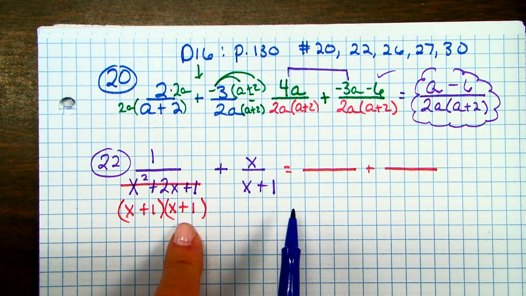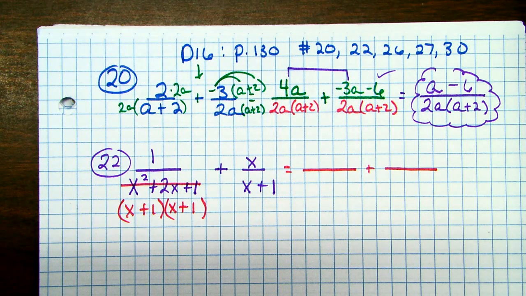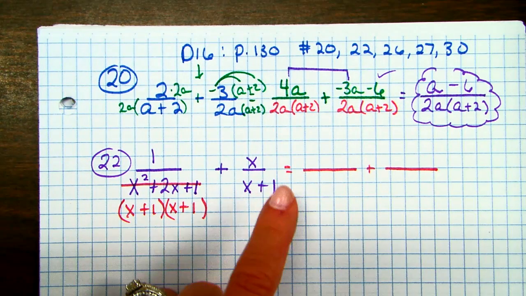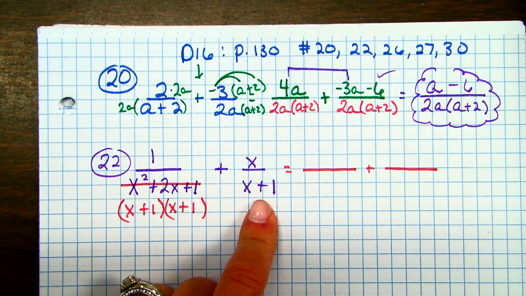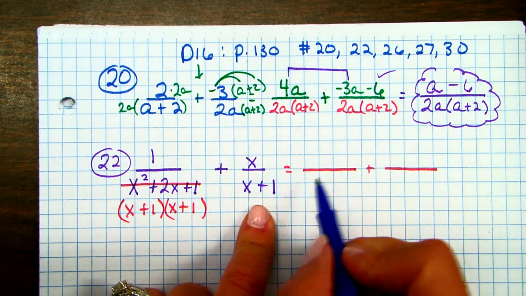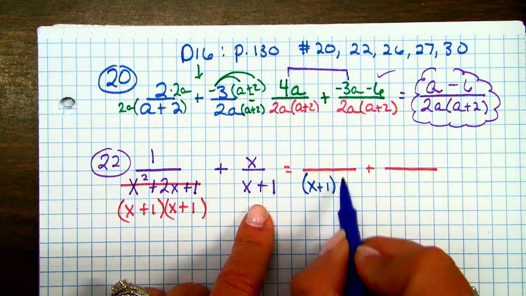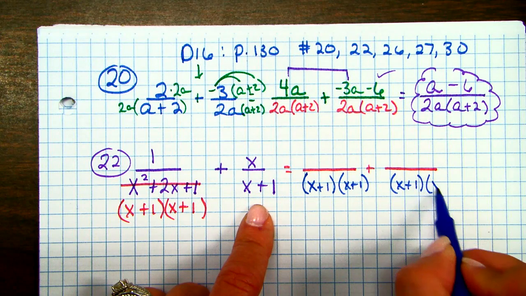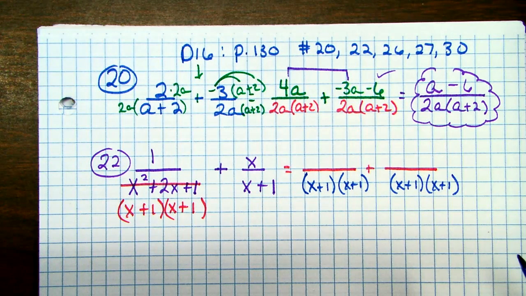There's two x plus 1s here and one here. So if I use the same questions here, I have two x plus 1s and I have one x plus 1. You always keep the bigger number. 2 or 1. 2 is bigger than 1. So 2 of them is what our common denominator is going to be.